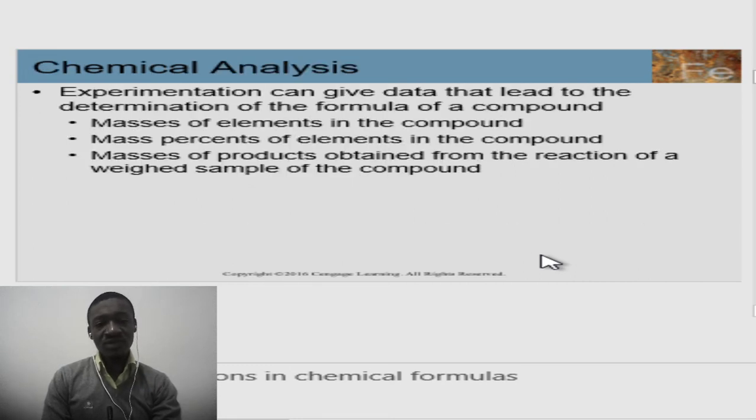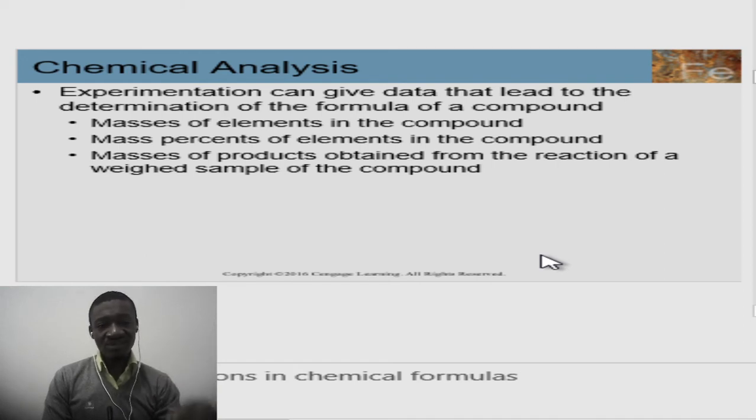So we now move down to chemical analysis, and basically chemical analysis, your experimentation, so your experiment. And when you're doing an experiment, you call it a chemical analysis. So experimentation can give data that lead to the determination of a formula of a compound. So how formulas of compounds are being generated is on the basis of reactions that are taking place.